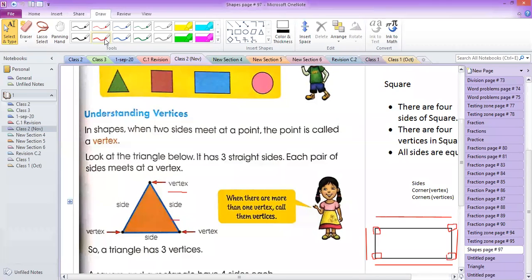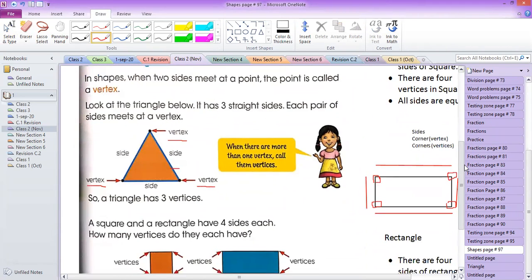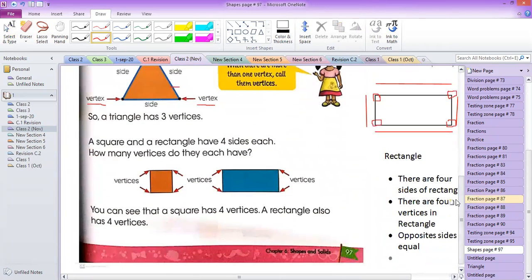This is one, this is two, and this is three. So there are three vertices in a triangle and there are three sides, one, two, three. We also discussed the square and rectangle, that they both have four sides and four vertices.